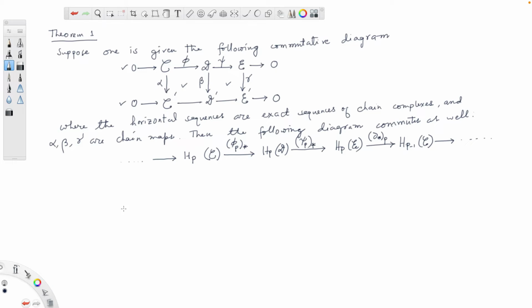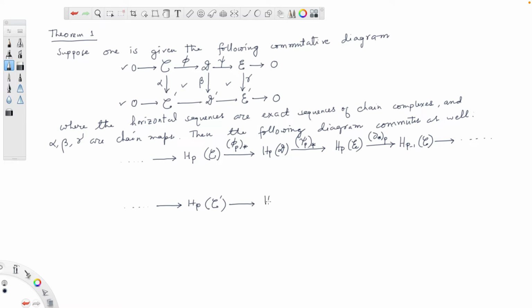There is another exact homology sequence at the bottom, which is a long exact sequence, of course. HP C prime. This homology sequence that I'm writing now is in the context of the prime chain complexes.